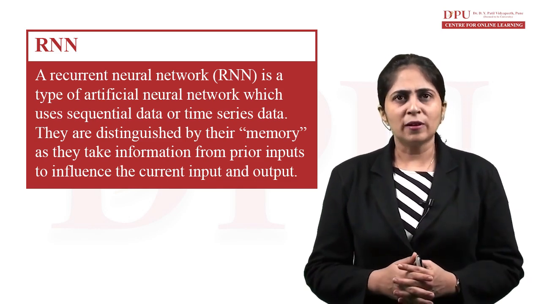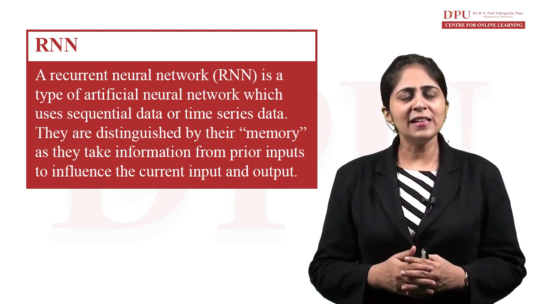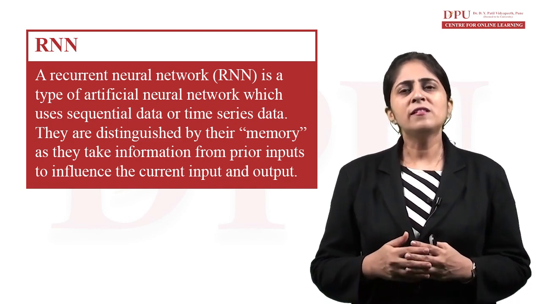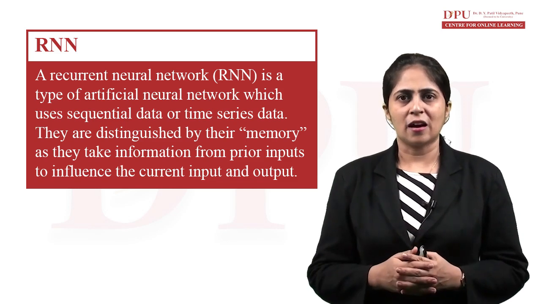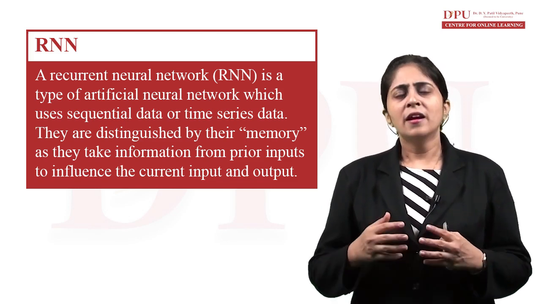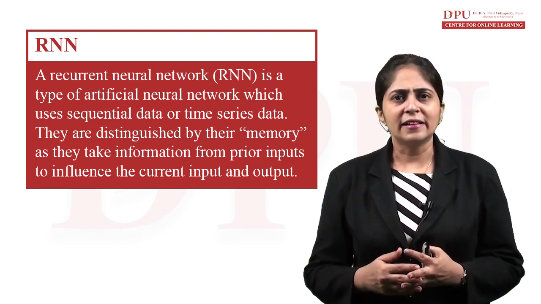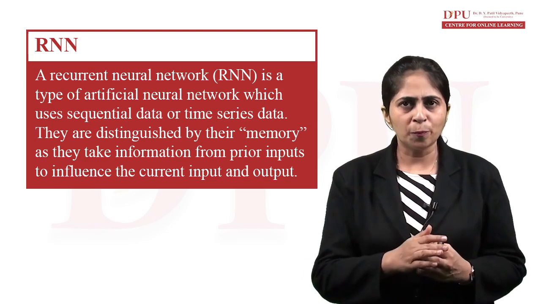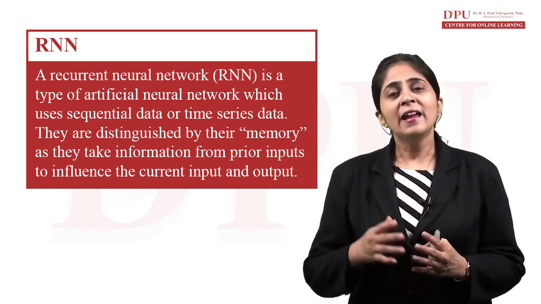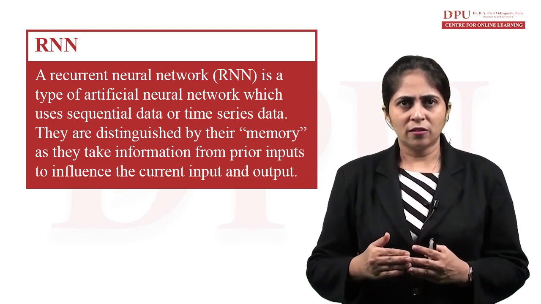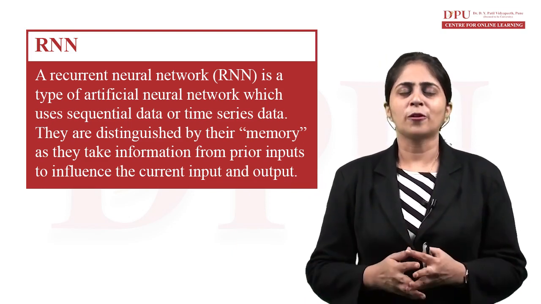A recurrent neural network is basically a type of artificial neural network which uses sequential data or time series data. Basically, this RNN works on the principle of saving the output of a particular layer and then feeding this back to the input to predict the output of the layer.